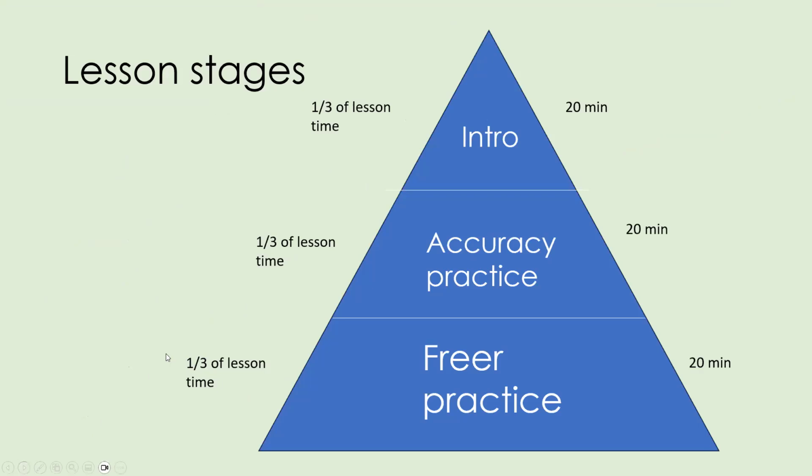So this lesson does have some similarities to a language lesson. And this was one of my previous videos about planning it in thirds. So I've got potentially the first 20 minutes. The intro is the warmer, pre-teach, perhaps the prediction question. Then we're moving on to the actual reading.